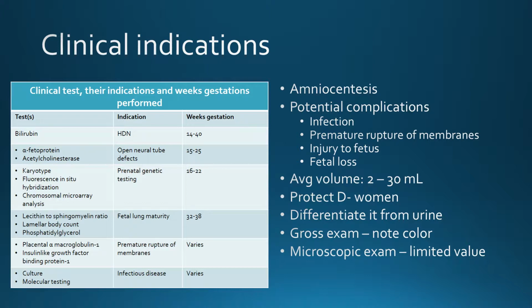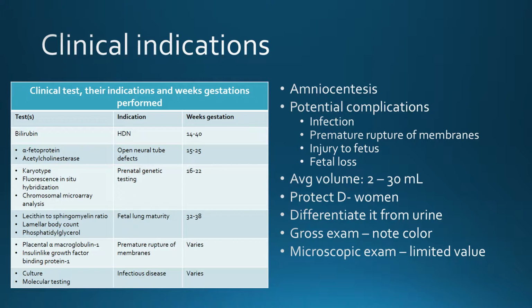Okay. In the process of amniocentesis, they're going to guide a needle through the abdomen and into the uterus by ultrasound because they need to avoid several things. They need to avoid the maternal bladder. They need to avoid the placenta because that would create a bleed. They need to avoid the umbilical cord for the same reason. And of course, they want to avoid the fetus.